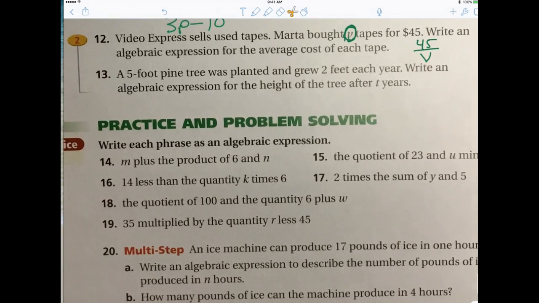So now, where did it start? Where did it start, Carter? 5 feet. So you put 5 down. Now it grows how many feet every year? 2 feet every year. So are you adding or subtracting?